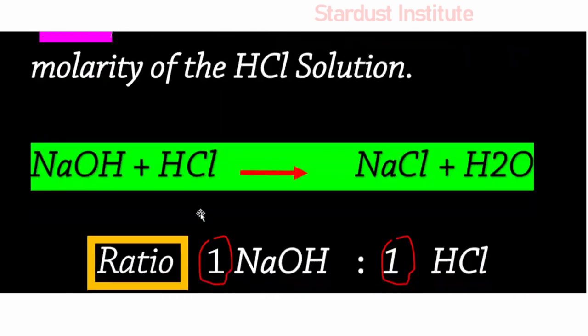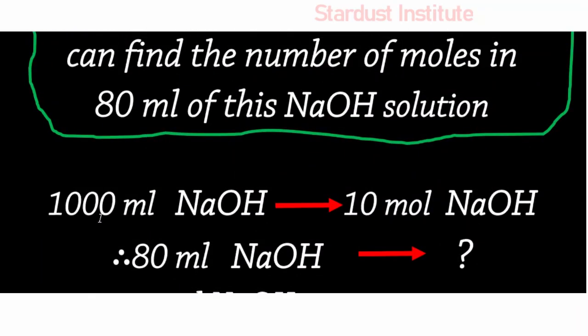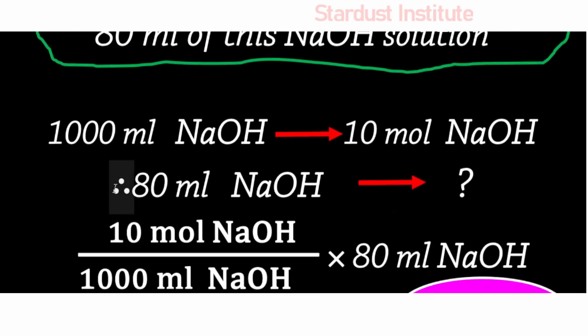We can find it in this way. In 1000 milliliters there are 10 moles, therefore in 80 milliliters, how many moles are there?